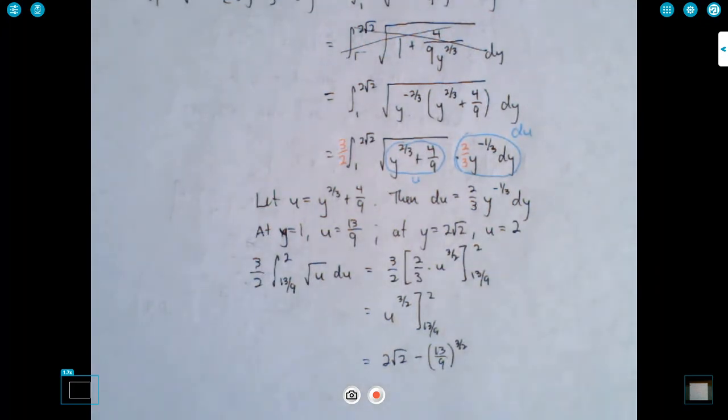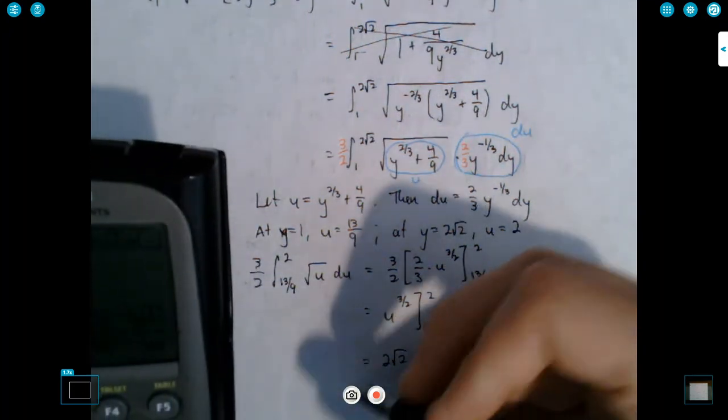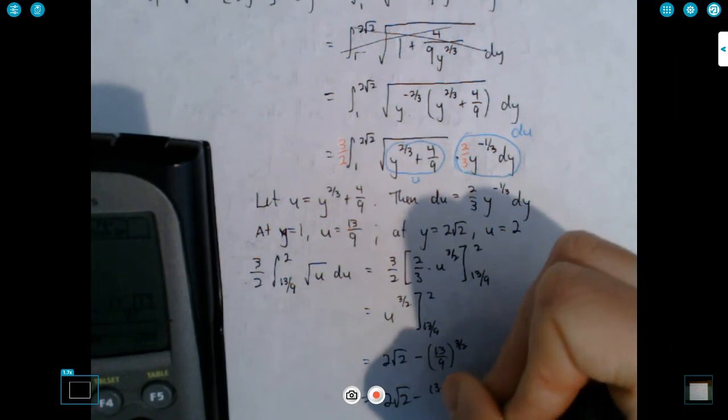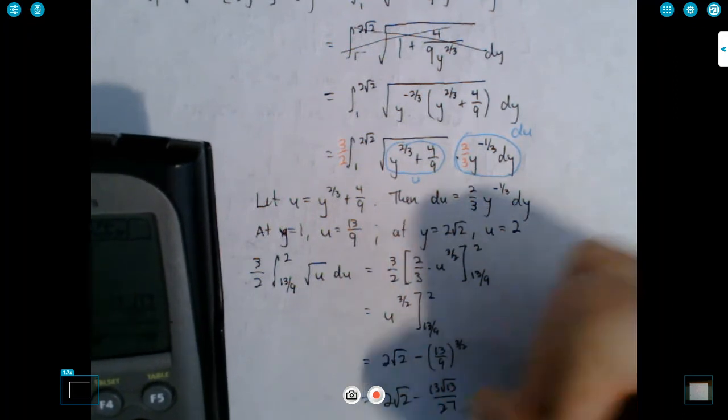So I wonder what my handy-dandy calculator will give us here. 2 root 2 minus 13/9 to the 3 halves power. It's giving me 2 root 2 minus 13 root 13 over 27.